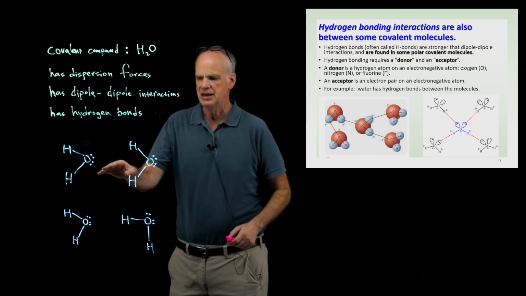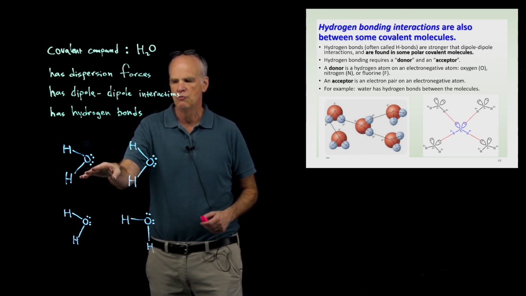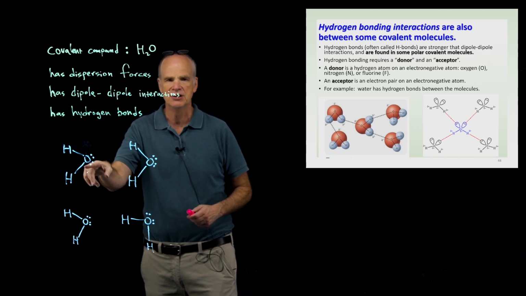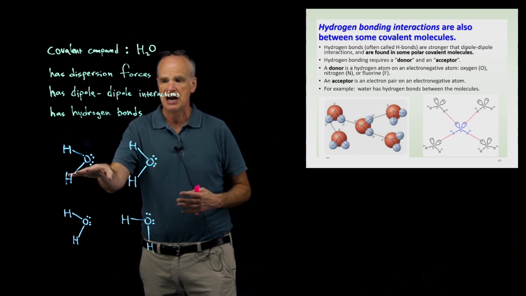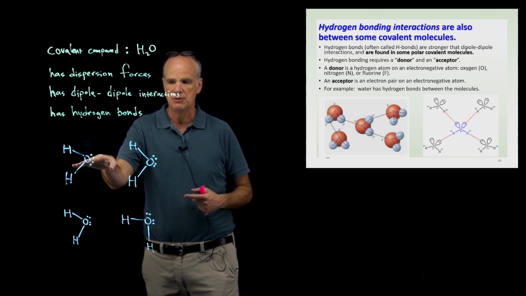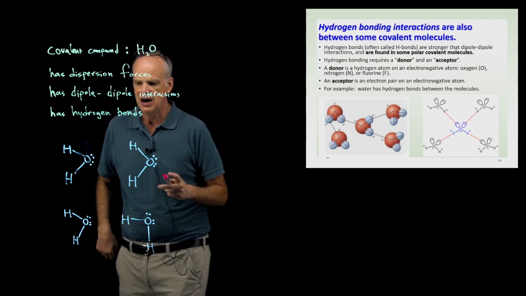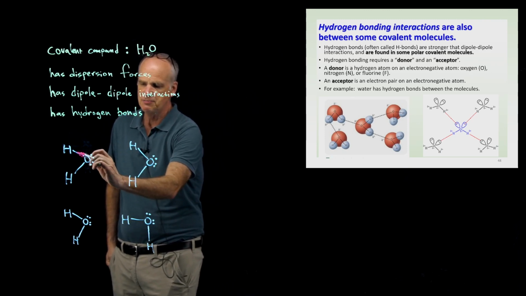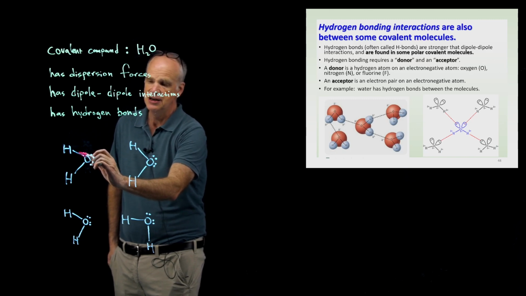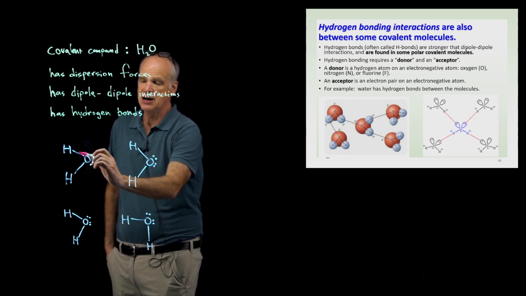Let's look at this water molecule here on the left, and let me show you where the dipole-dipole interactions come about between the molecule on the left and the molecule on the right. You might remember that when you have a bond between hydrogen and oxygen, this bond has a shared pair of electrons.